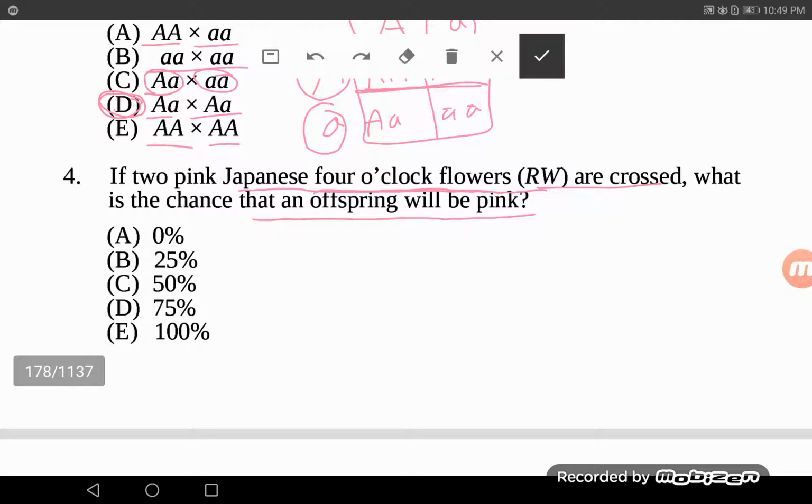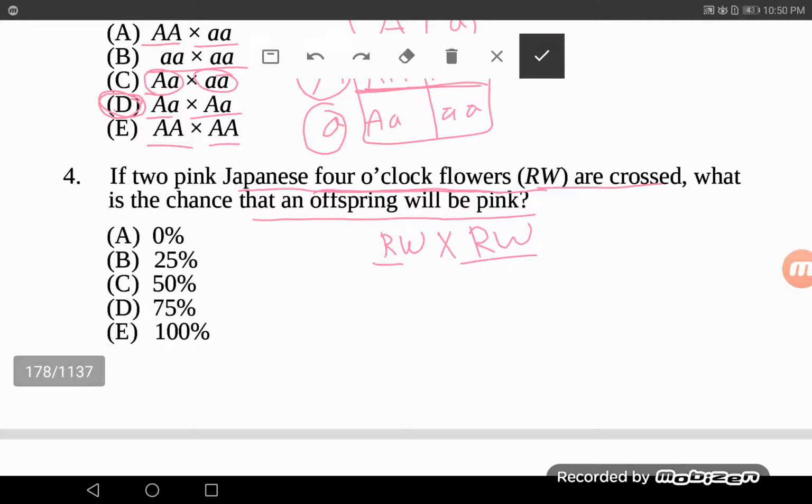It comes when a red colored flower is crossed with a white colored flower. So when we have two pink Japanese flowers, it will be RW crossed with RW. Both of them are pink colored flowers.